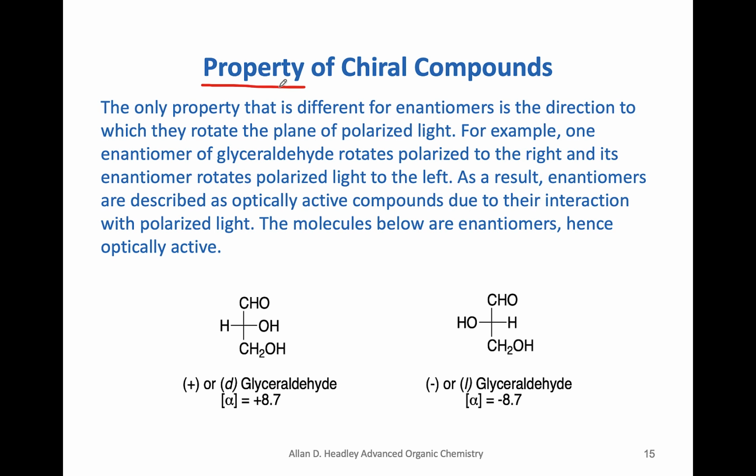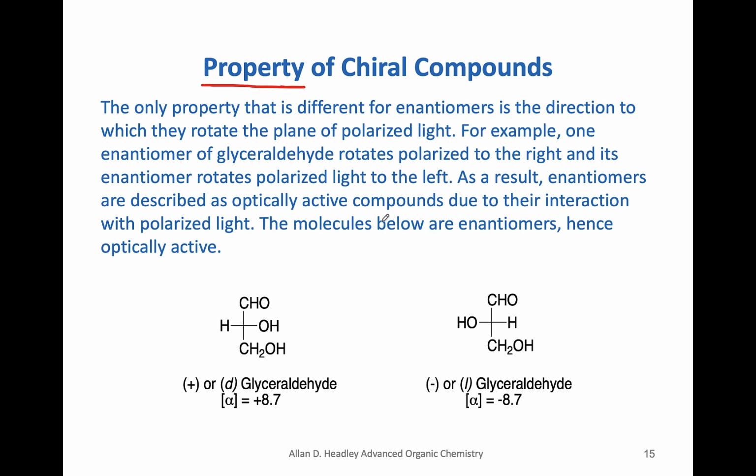If they are different, they are different compounds. But if all the properties such as melting points and color and all the other physical properties are the same, it's very difficult to determine if these two compounds are the same or not.